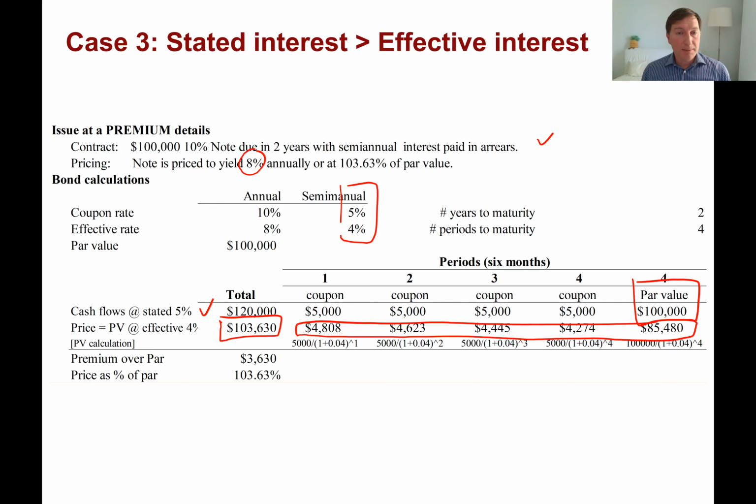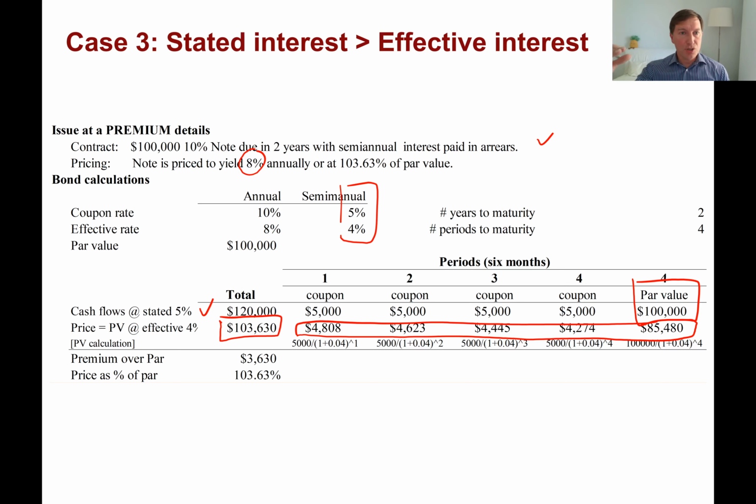Why do we have premium or discount? Premium or discount doesn't mean that we get a great deal or a bad deal. Everyone is pricing bonds rationally. A premium means that the market is charging the company 8% per period for the capital that they provide, whereas the company commits to pay 10% in the contract, right?